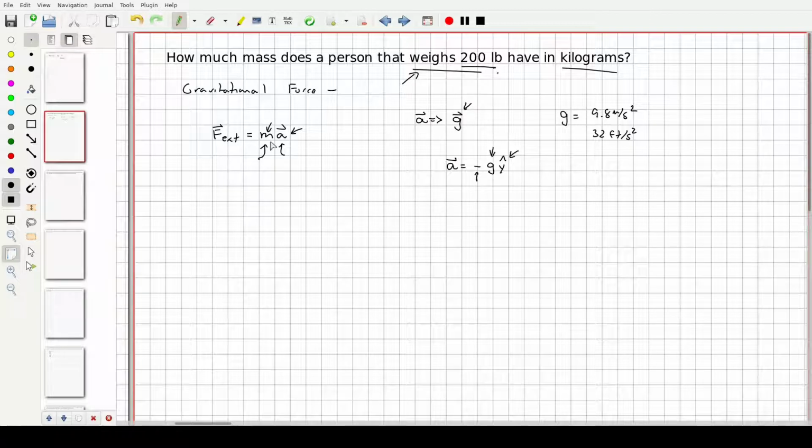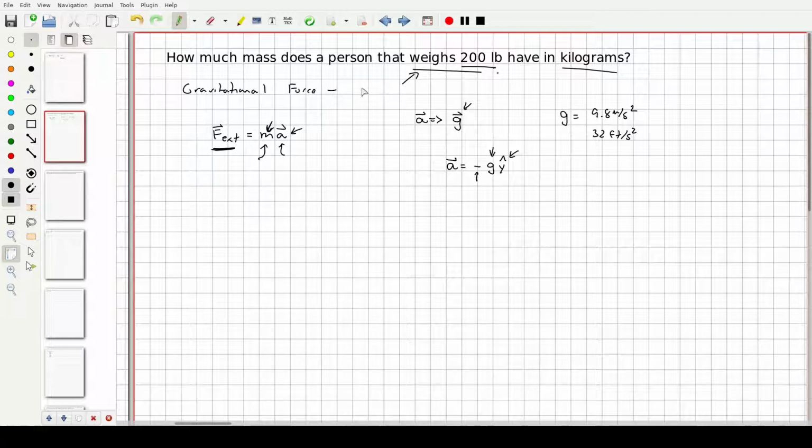So, as a consequence, your weight changes from place to place in the universe, but the amount of matter, your mass, does not. And that's the reason why mass is the useful thing to talk about in physics. It represents a quantity that generally doesn't change unless you have a system that has variable mass in it.